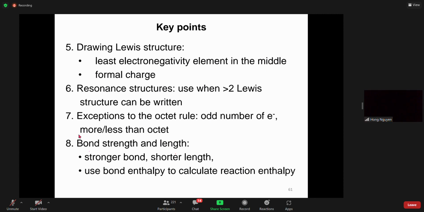Then we learned how we calculate the enthalpy of reaction based on the bond enthalpy, and how we link the bond enthalpy with the strength of the chemical bond.